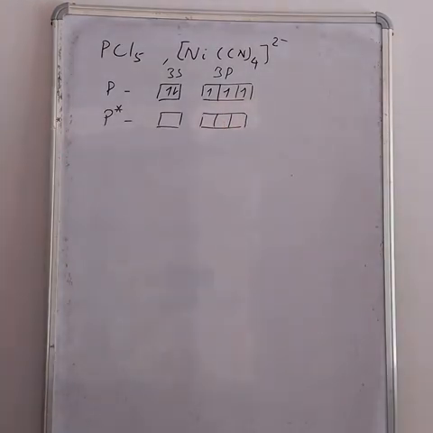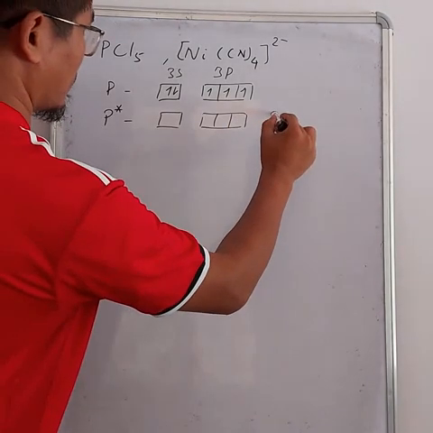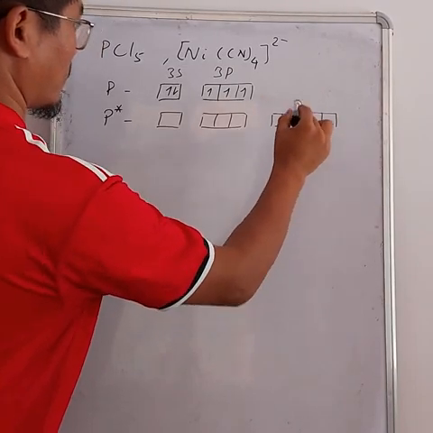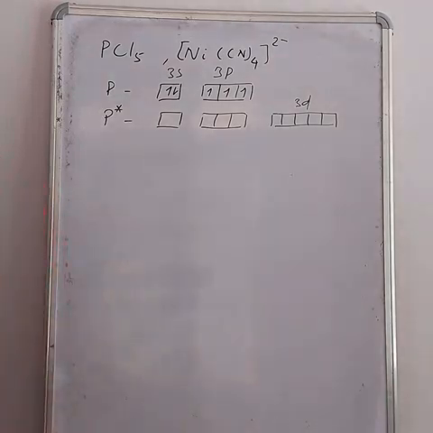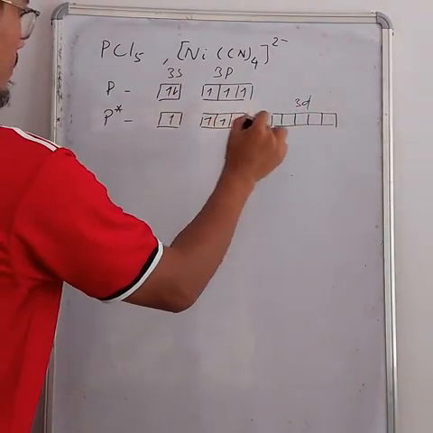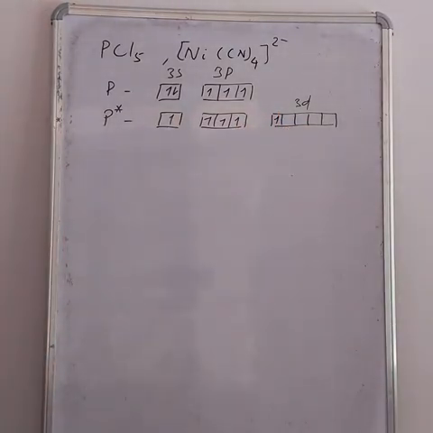So what happens? We know that in phosphorus we have an empty 3d orbital. So this electron will migrate to the empty d orbital.